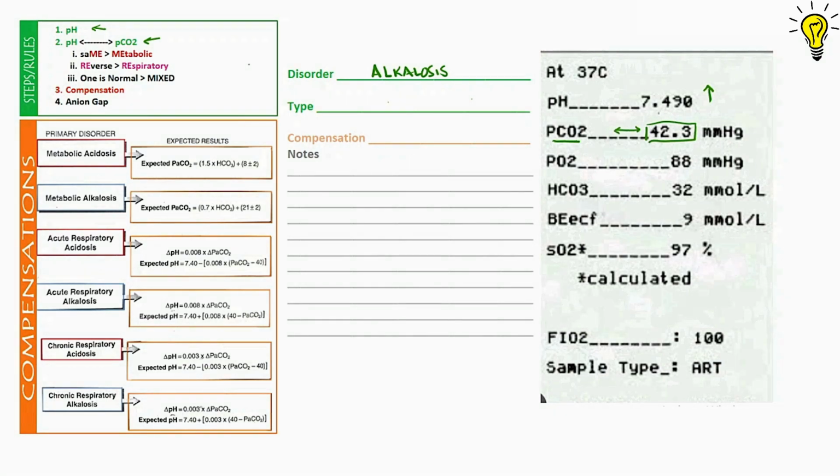This qualifies under the third possibility of step 2, where we said that if either of pH or PCO2 is in the normal range, then it is a mixed disorder. So if PCO2 is normal, then the direction of pH will indicate the metabolic issue. So here pH is upgoing. So it is mixed metabolic alkalosis with secondary respiratory acidosis. Don't worry, as you practice them, you'll grasp the concept.